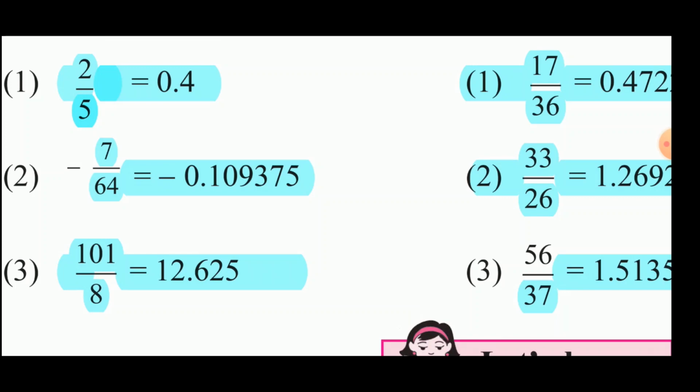So here in these terminating type of decimal forms, in all these fractions the prime factors of the denominators are either 2 or 5. So in general, we can say that whenever the prime factors of the denominators of the fractions are 2 or 5, then the decimal form of that fraction is a terminating type of decimal form.